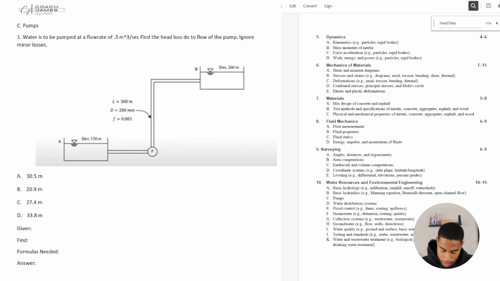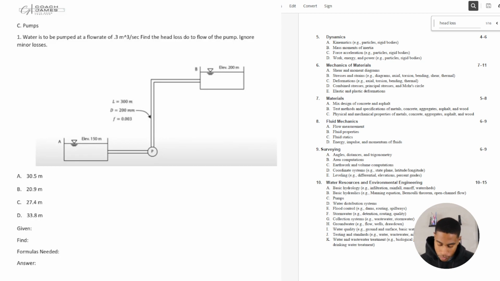They give us the length of the pipe, the diameter of the pipe, and the F, which I believe is a friction factor, but don't quote me on that. And then they give us the elevation at point B, right?